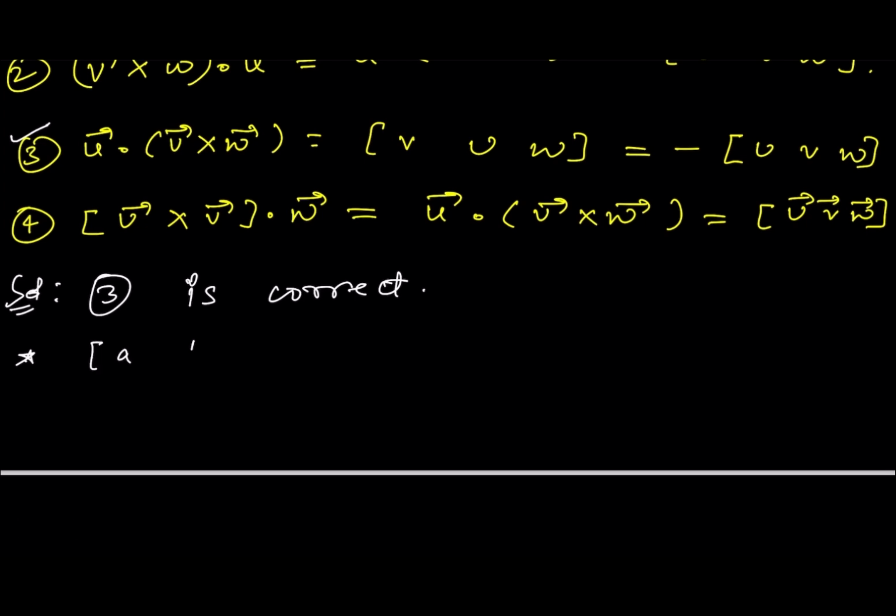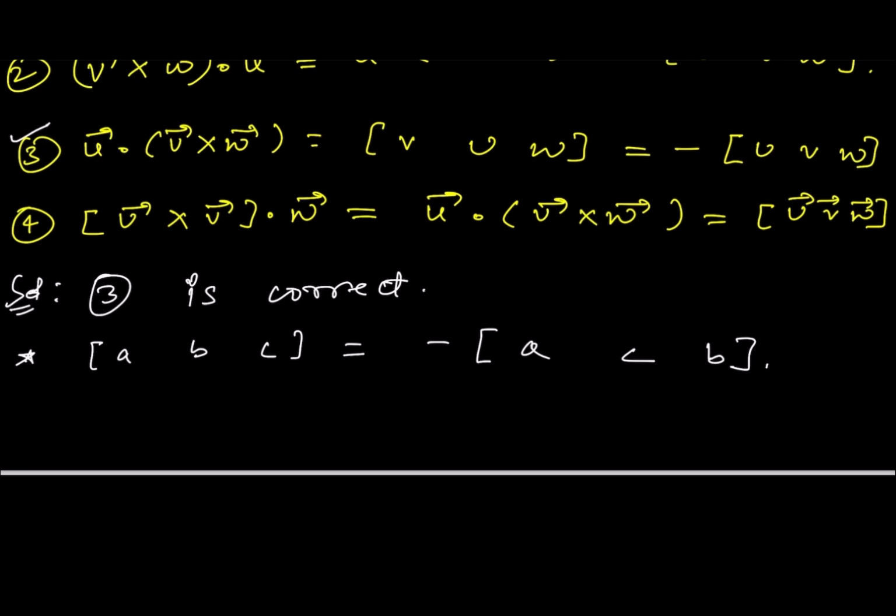Box ABC is minus of box ACB. Now you should not have any problem because you know very well box represents a determinant. If I am interchanging B and C, it means I am interchanging two rows, row 2 and row 3.